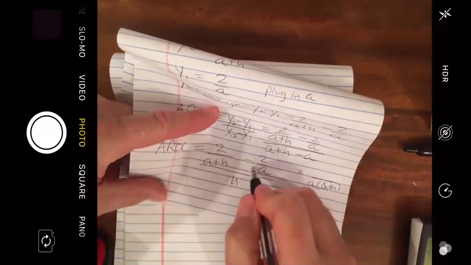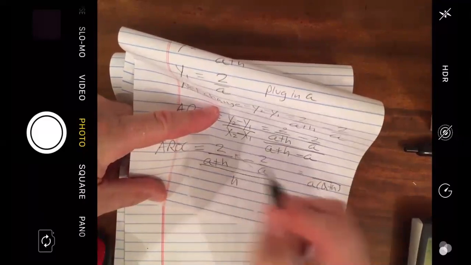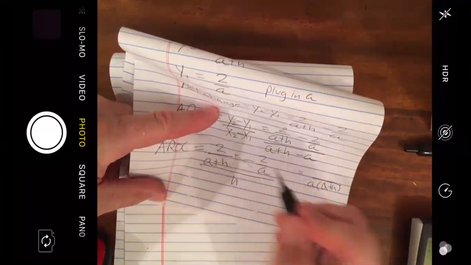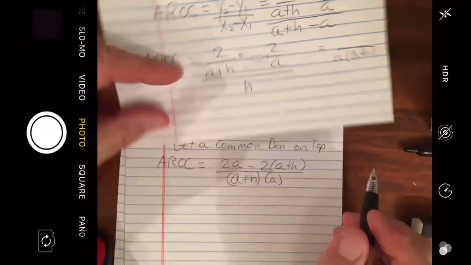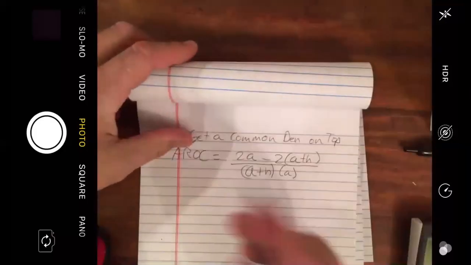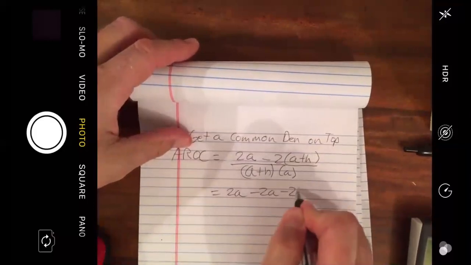So your 2a goes up this way and your a plus h goes that way. Put them together on bottom, I've got to put them up to the top. So that would give me 2a minus 2a minus 2h.